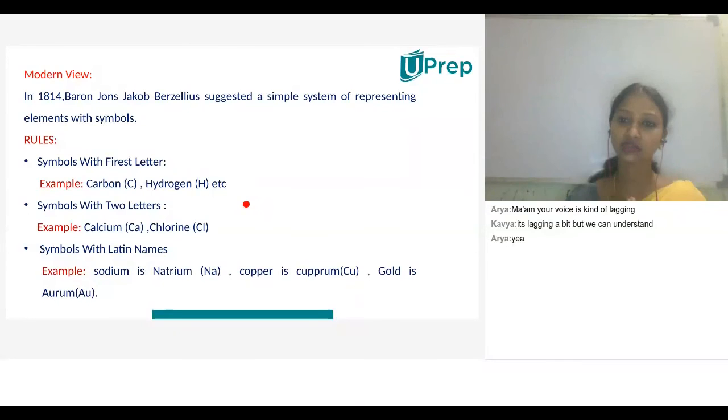He considered the elements found at that time, not all 118. He took the first letter of the element, for example hydrogen H, carbon C, as capital letters, so it is easy to remember.